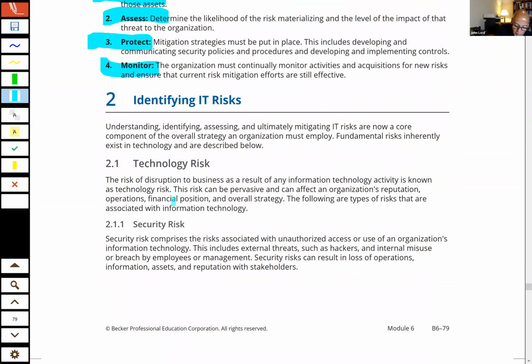So you take a look and we start to talk about identifying the risk, and there are different types of risk. There is technology risk, the risk of disruption because of information technology activity.